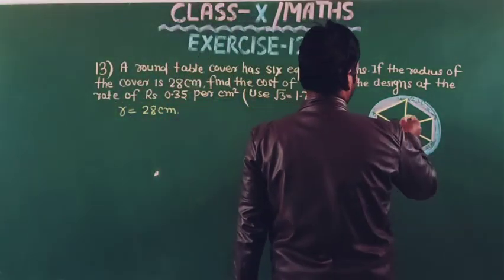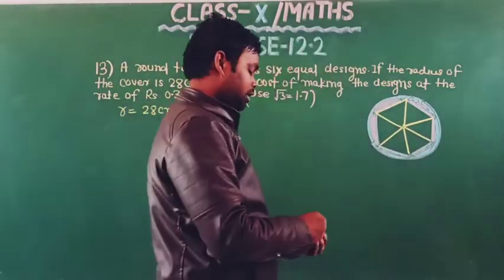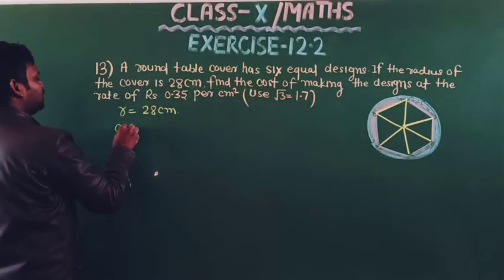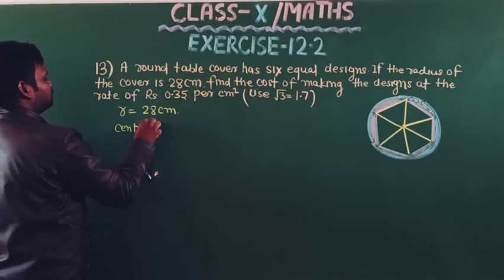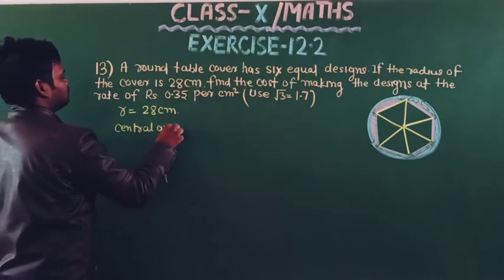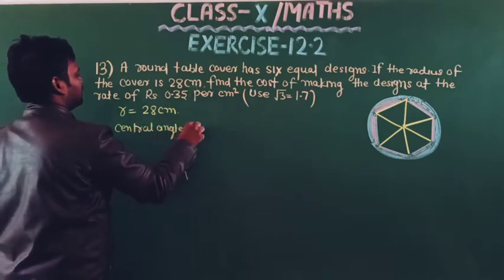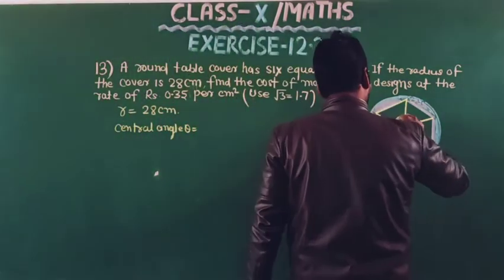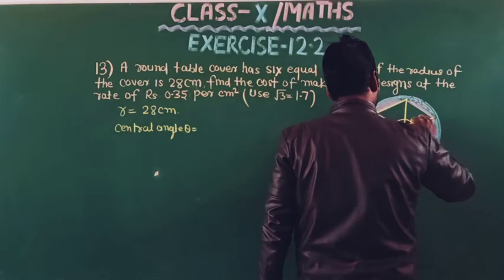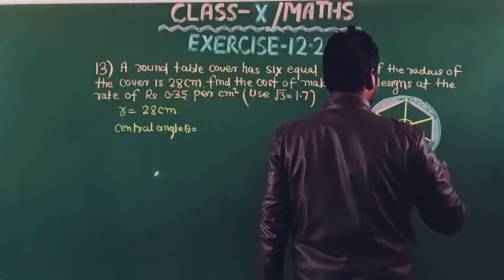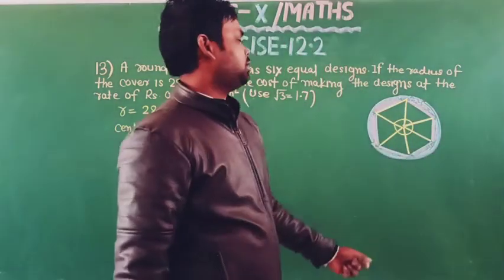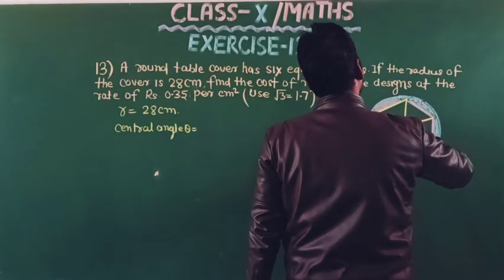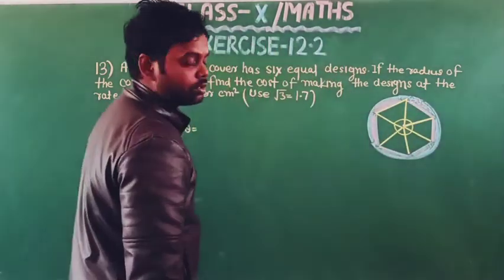Now here the central angle is required. So the central angle theta is equal to: the total angle is 360 degree and it is divided into 6 equal sectors.